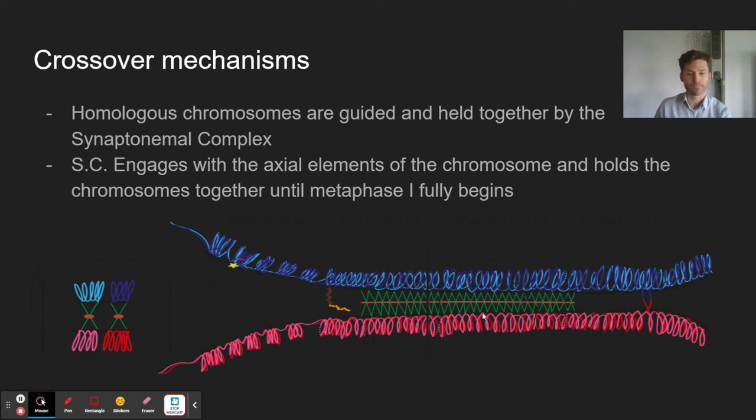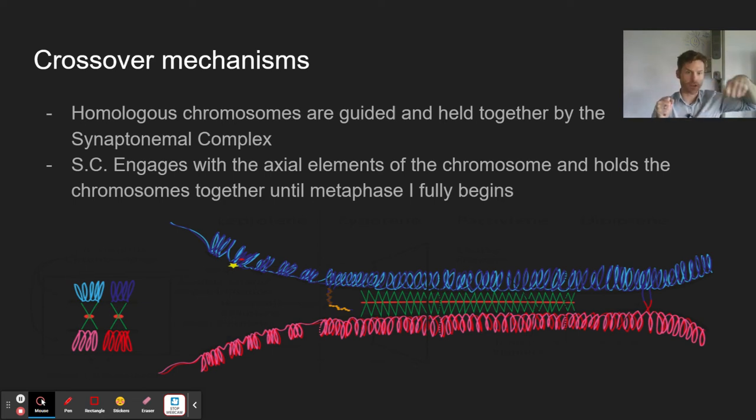This green structure here is a protein complex called the Synaptonemal Complex. It's literally just a big protein filament thing that runs between the 2 homologous chromosomes and physically holds them together, right? It's like a big string.